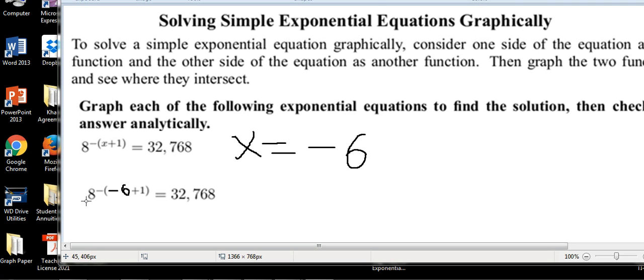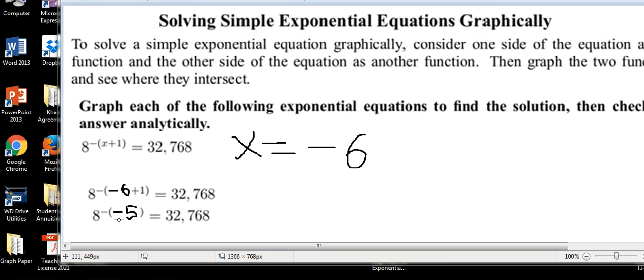So now we have x raised to the negative times the quantity of negative 6 plus 1 equals 32,768. In the parentheses we have negative 6 plus 1, so that's going to end up being negative 5. So now we have x raised to the negative 5 power equals 32,768.